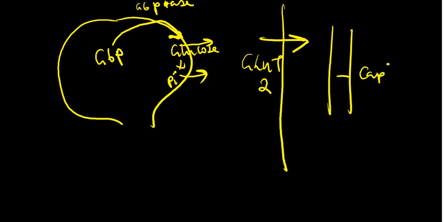These are red blood cells. Once it goes into the capillary, it can be used as a source of energy. This is how glucose is obtained from the gluconeogenic pathway. I hope this is clear.